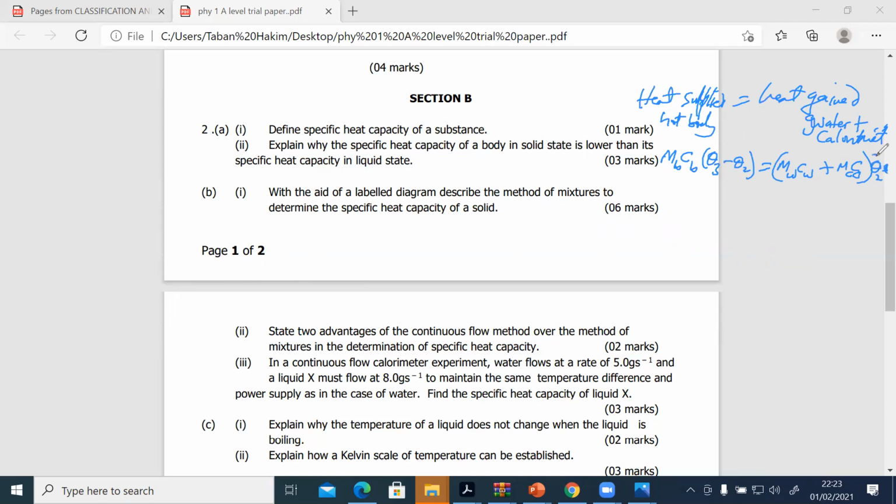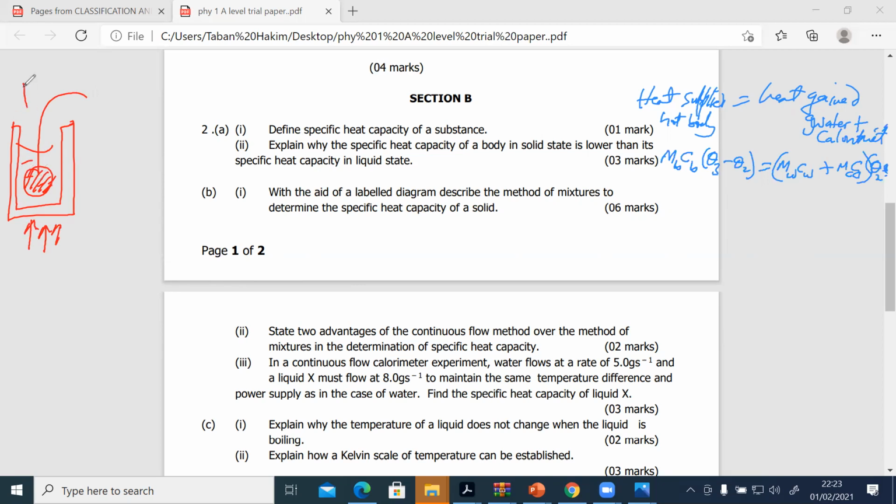This is theta 1. Why am I having it like this? It is simply coming from this: first you have a container where you're going to boil the water, and then you have your solid. This is the solid, that is the poor conductor of heat.